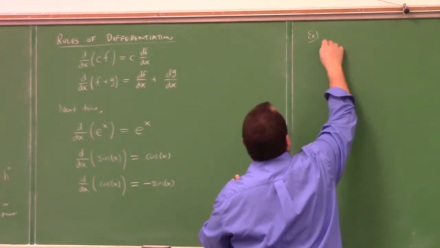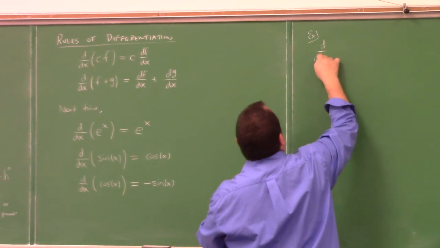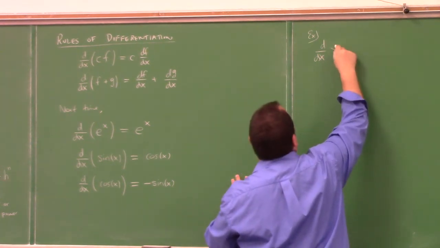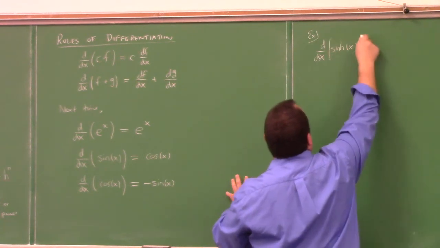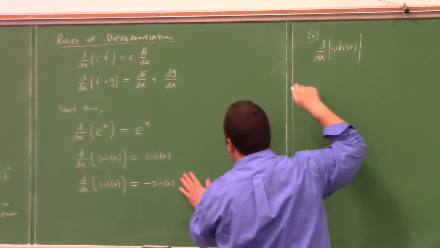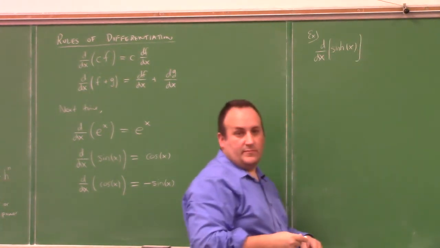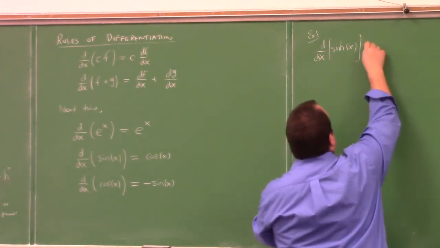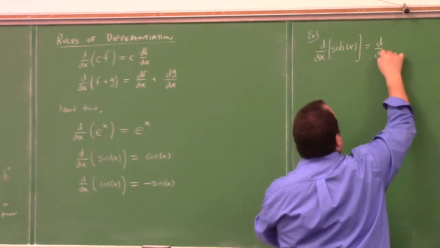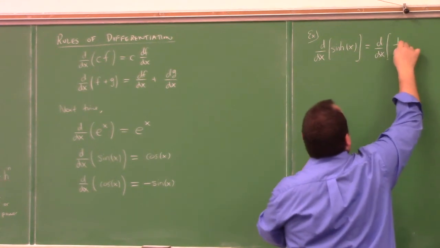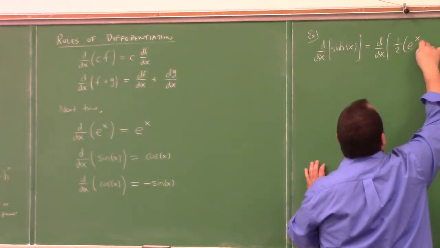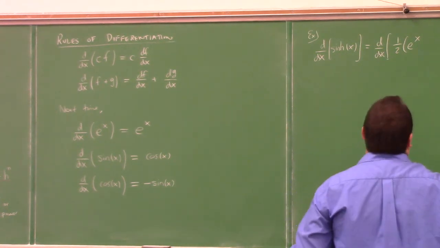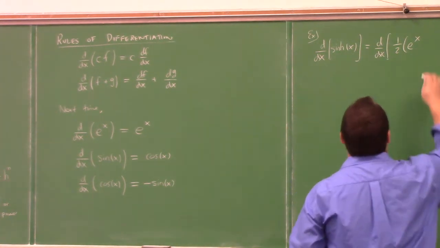Check this out. What if we want to differentiate the hyperbolic sine? And suppose for a second that we've already established these truths. What's the derivative of the hyperbolic sine? That's the derivative with respect to x of 1/2 e to the x... Oh, goodness, now I've got myself into trouble. We can't do that yet.